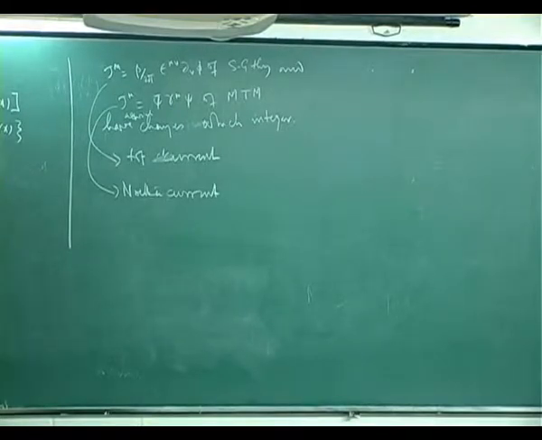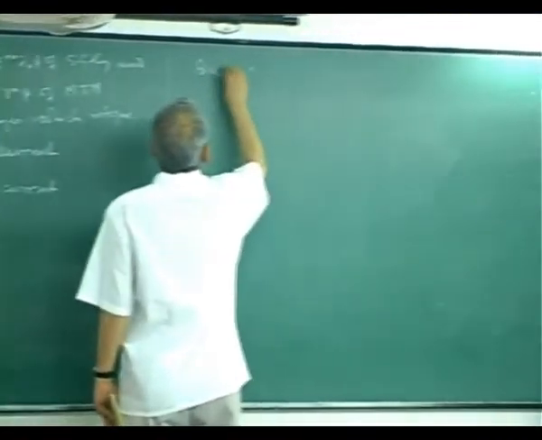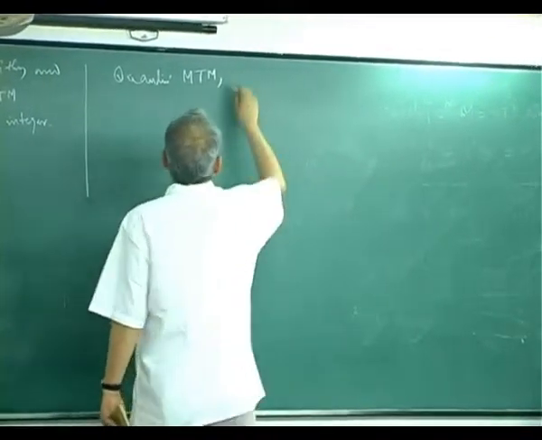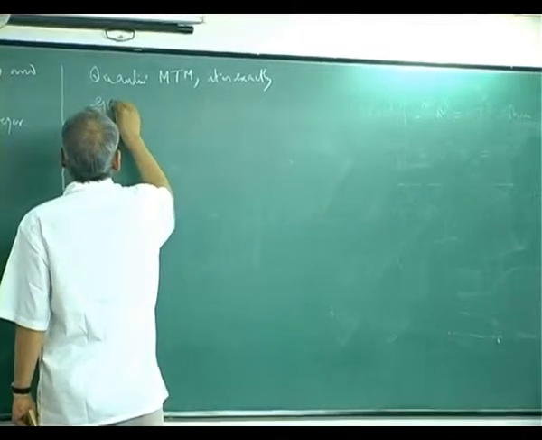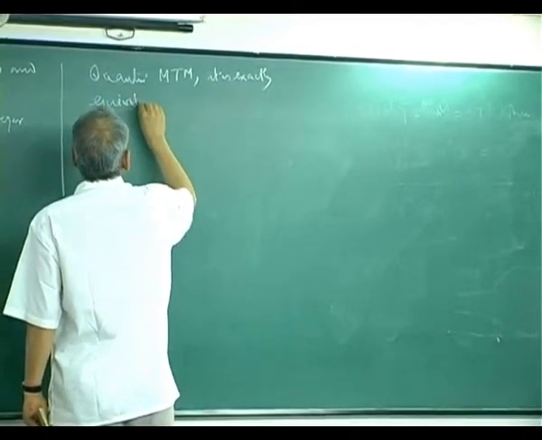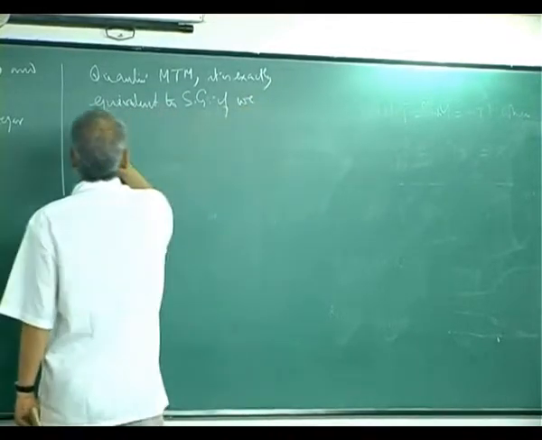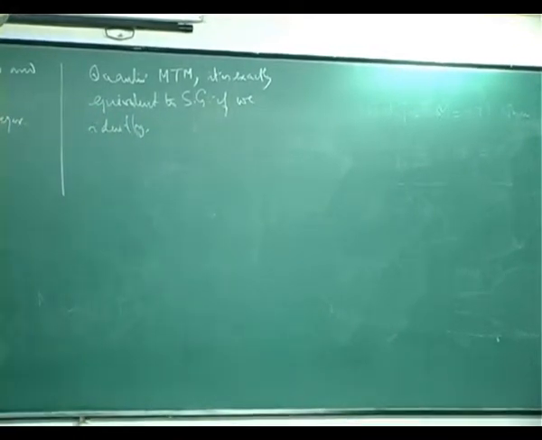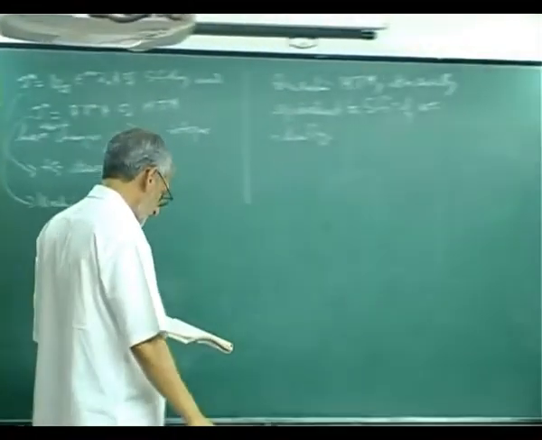Now, if you complete the quantum theory of the massive Thirring model, what you discover is that it is exactly equivalent to sine-Gordon theory if we identify the coupling constant of the Thirring model and the coupling constant of the sine-Gordon model in a particular special way.